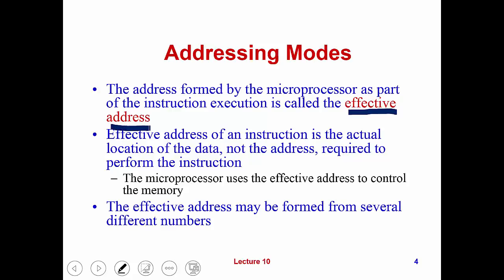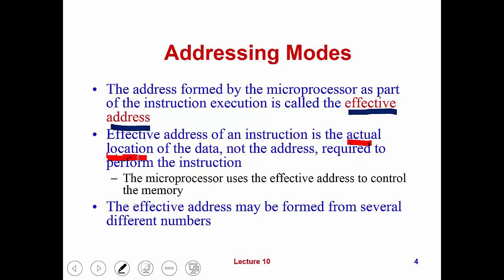That's where the real data we need for the instruction is located. So the effective address of an instruction is the actual location of the data. The microprocessor uses the effective address to access memory.